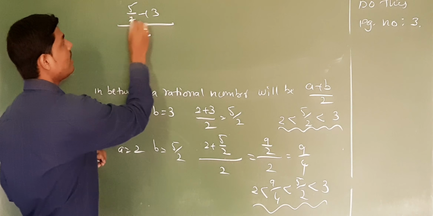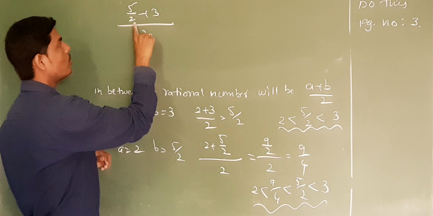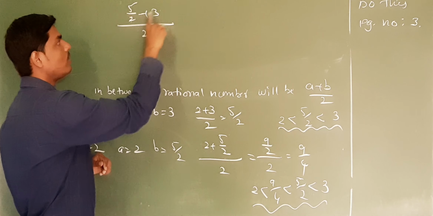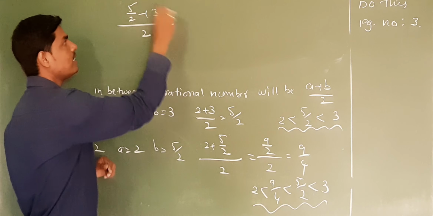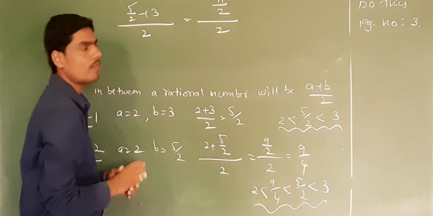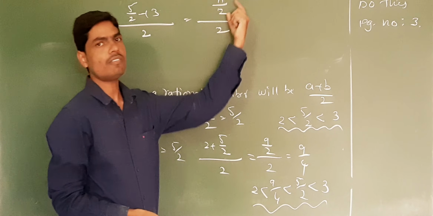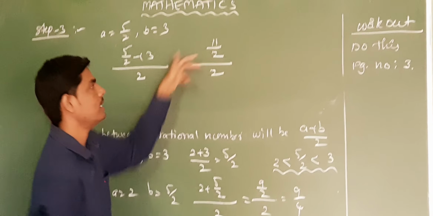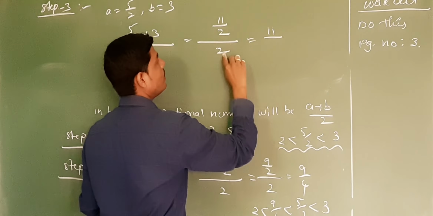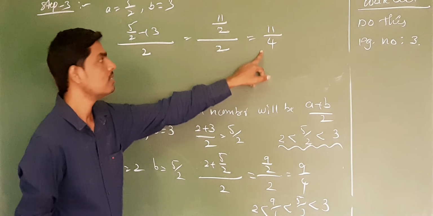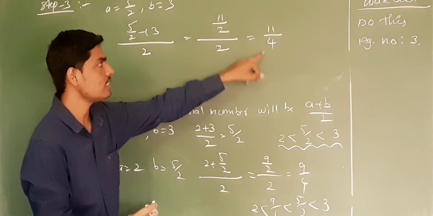So it is again like a mixed fraction. 2 3s are 6 plus 5, that is 11 by 2, whole by 2. Now this is a fraction, 2 is the denominator. This 2 will be multiplied, equal to 11 by 4. So the third required fraction is 11 by 4.